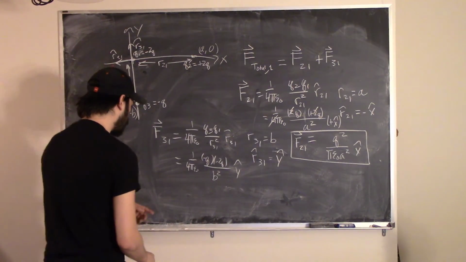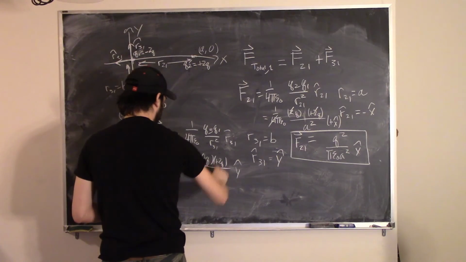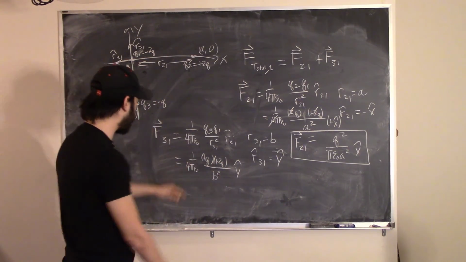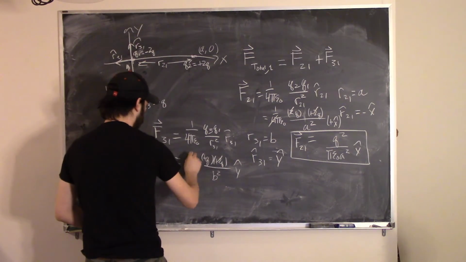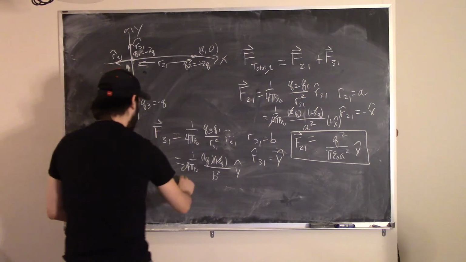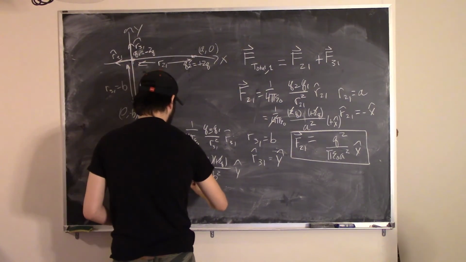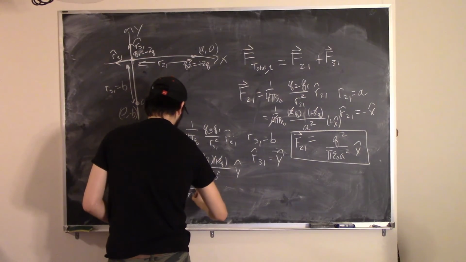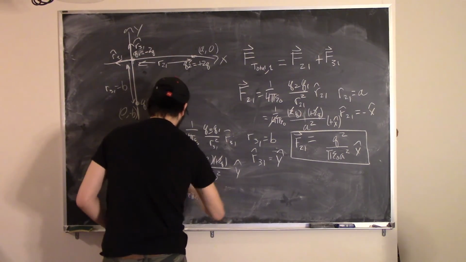Again, some things simplify here. A negative times a negative makes a positive, and the 2 cancels one of the factors of 2 in the denominator. We end up with Q squared divided by 2 pi epsilon naught B squared times y hat, and this is F31.